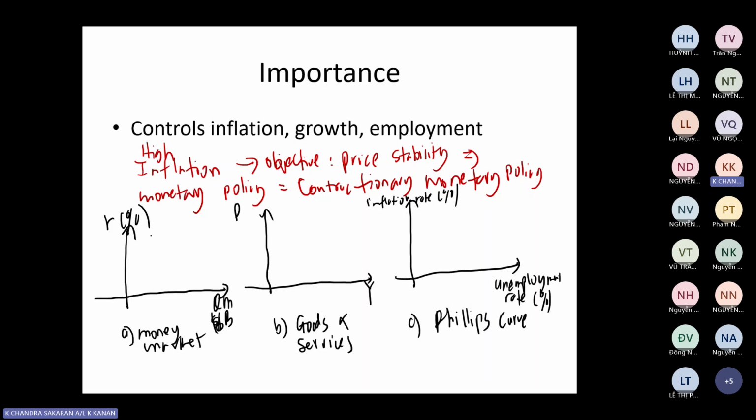Okay, so here we have money demand, money supply. Interest rate, I just simply put a figure, 5%. Quantity of money, 20 billion.